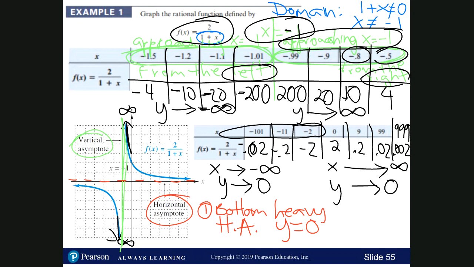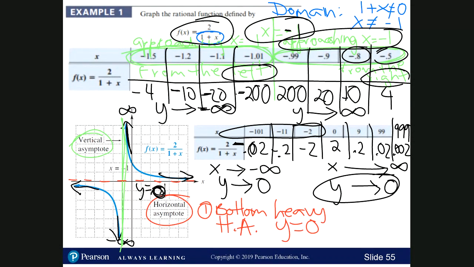And those values are going to get close to the line y equals 0, which is the horizontal asymptote, but the graph will not cross that horizontal asymptote. Therefore, those values will still be negative. They will not become positive, and they will never be 0. Now, on this side, they will get smaller and smaller, approaching 0, but they will not become 0 or negative.